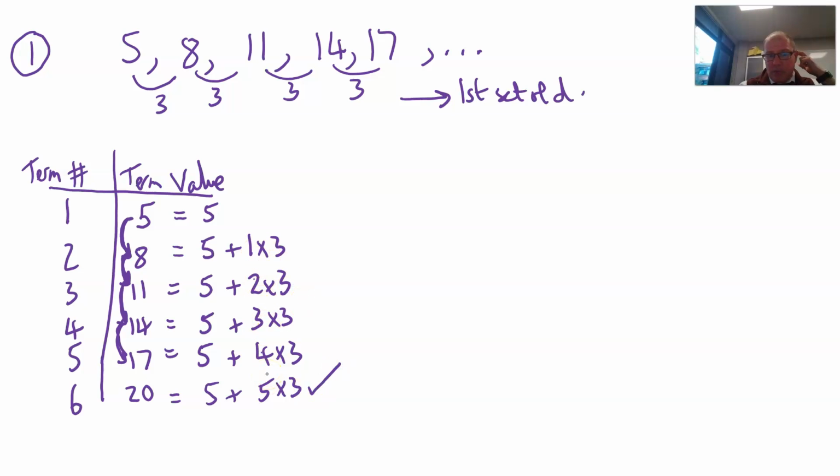But there's another pattern which will help us get the 100th number. And that is, look at this number here and compare it to the term number. What do you notice? So compare 1 to 2, 2 to 3, 3 to 4, 4 to 5. I'm sure you've got it.